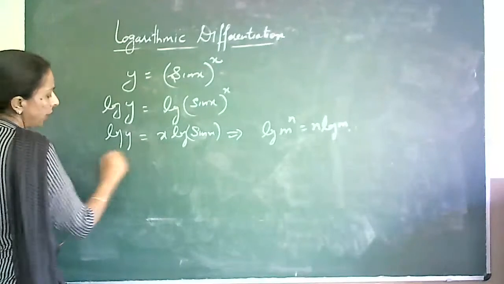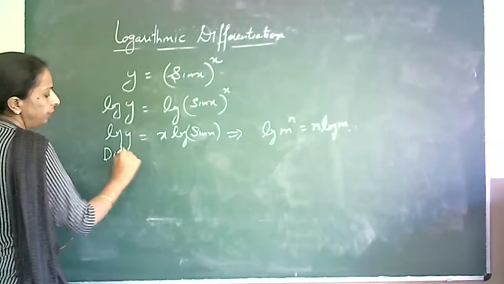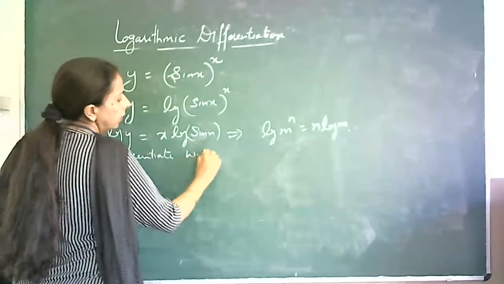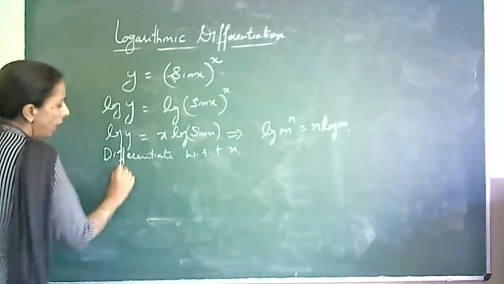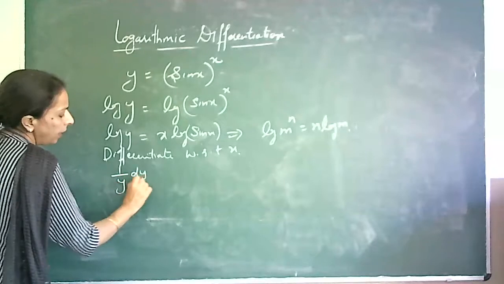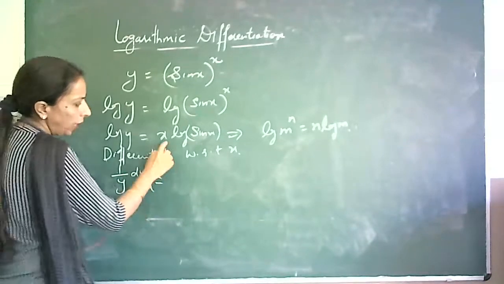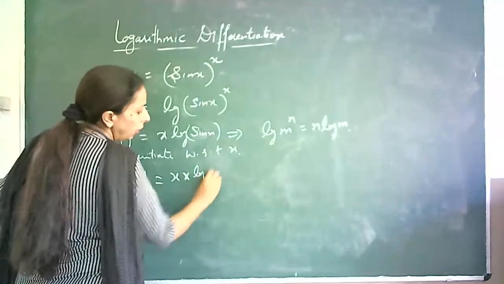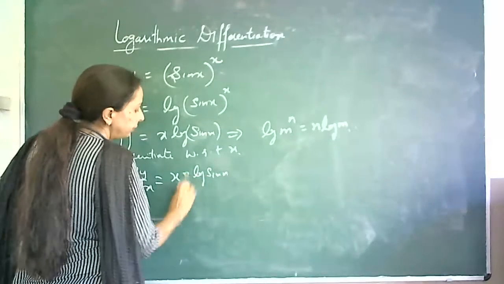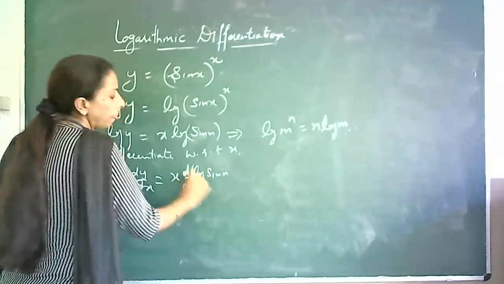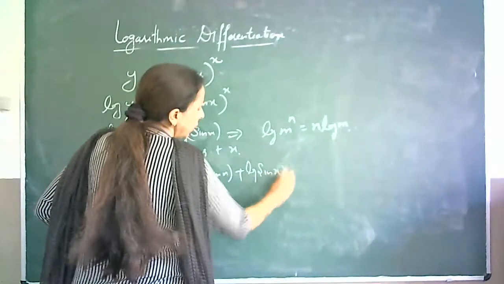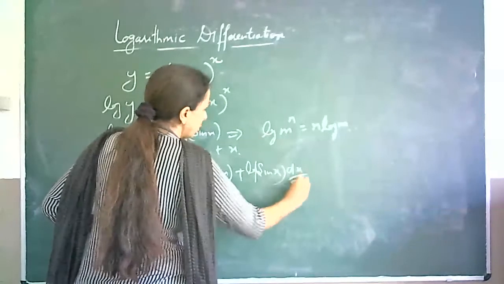Now differentiate with respect to x both sides. So we'll have 1 upon y dy by dx is equal to, here we'll be using product rule, x as it is, derivative of log sine x, plus log sine x as it is into derivative of x.